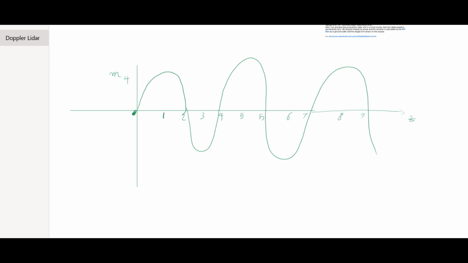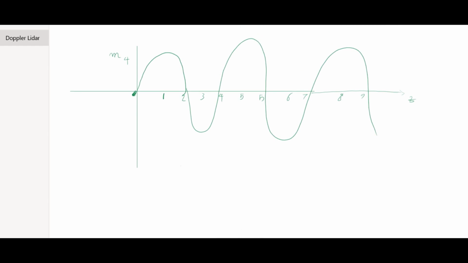8, 9. So we need to write a formula, and for that I can say y, and that would be my height, of x, because I want to know the position. So right now we can say how does it look like.